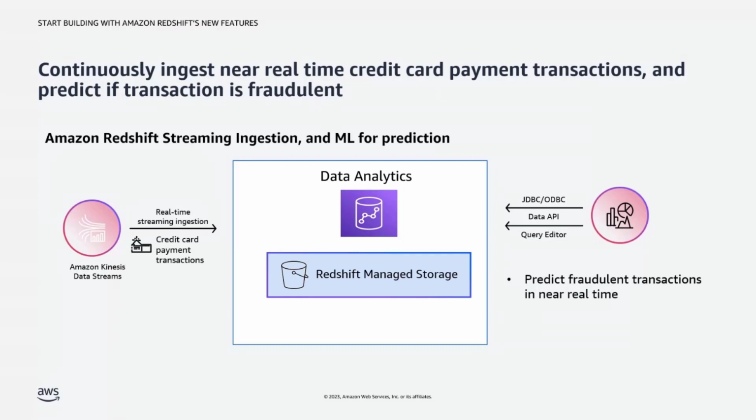In order to integrate with Amazon Kinesis Data Streams, we are going to create a materialized view on Amazon Redshift. The materialized view is going to pull the transactions from the Kinesis data stream and physicalize them on Amazon Redshift. The goal for this particular objective is to do prediction of fraudulent transactions in near real time.